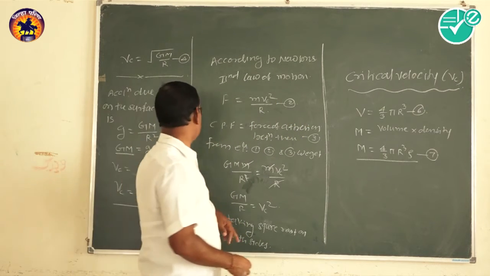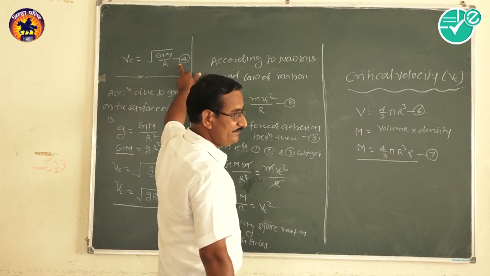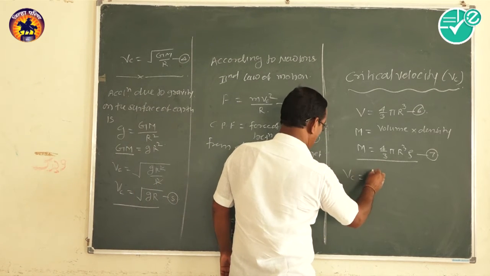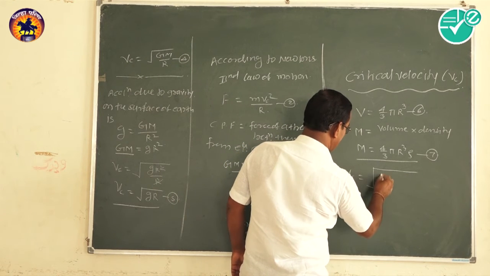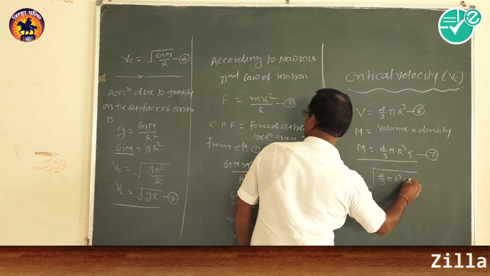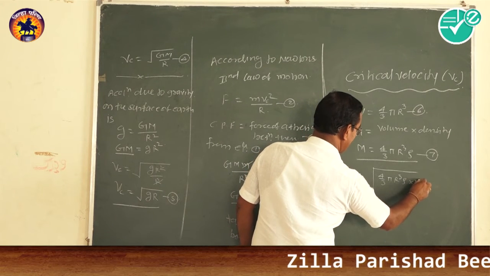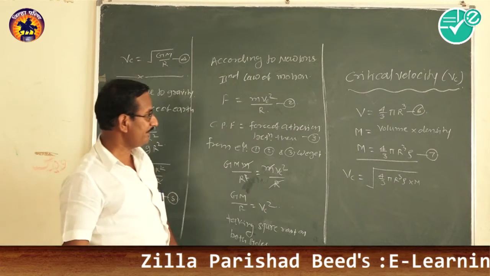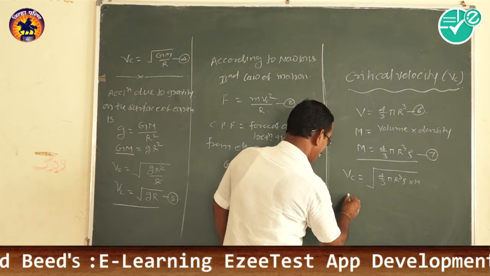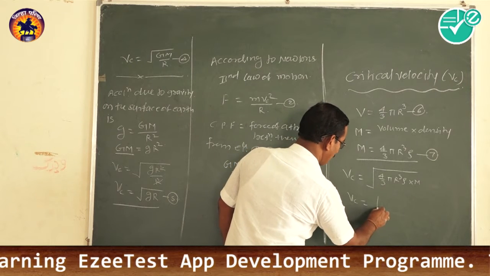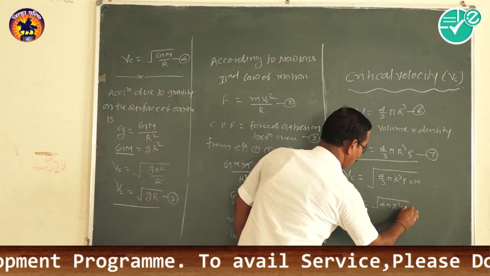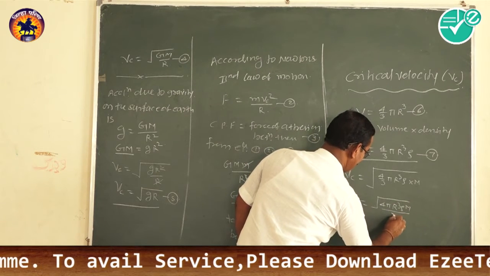Then this mass of Earth is put in the critical velocity on the surface of Earth. Vc is equal to under root G into 4 by 3 pi r cube rho divided by r. Then Vc is equal to under root 4 pi G r square rho divided by 3.